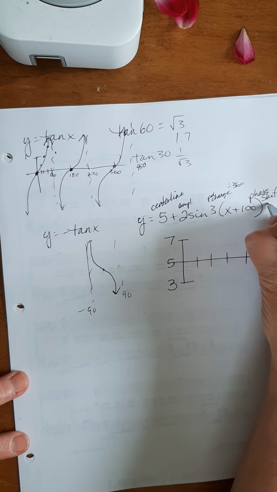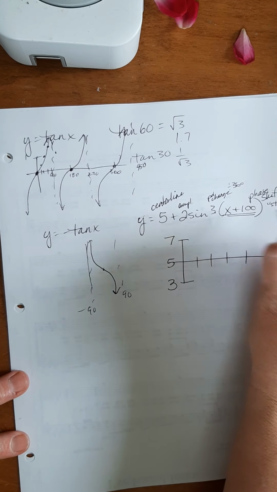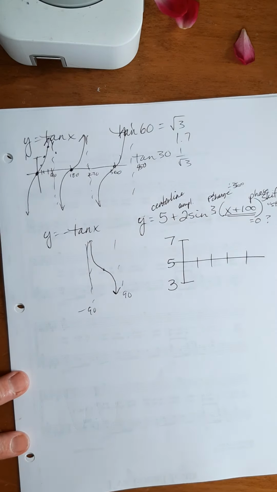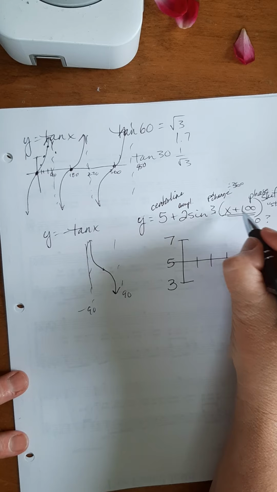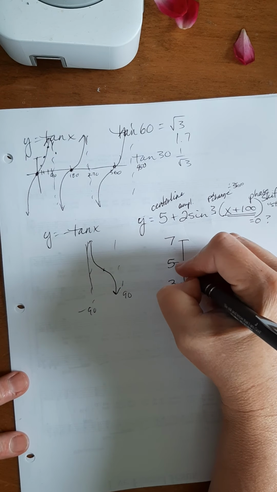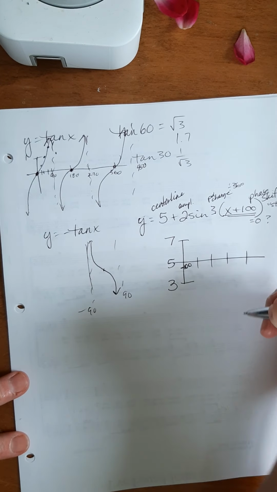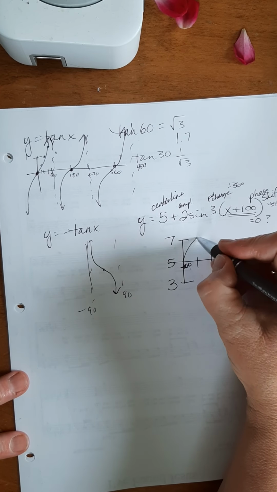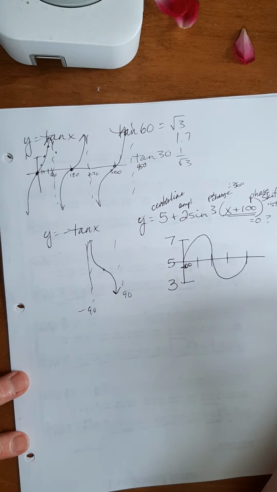Well, the phase shift tells us where we start. And you look at this and see what makes it equal 0, which is negative 100. So that means your degrees are going to start at negative 100. It's positive sine. So you know it's going to look like that.